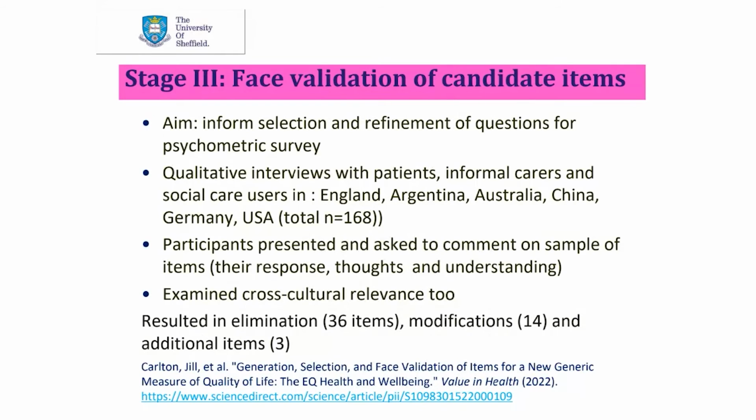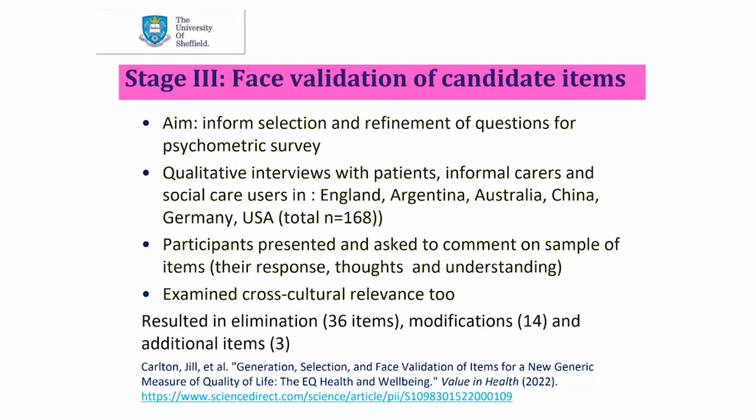So having got our 100 or so candidate items, we then went forward to the next stage, where essentially we undertook qualitative interviews with samples of patients, informal carers and social care users across the 6 countries, the results of which were used to inform further selection and also in some cases refine items for the psychometric survey.